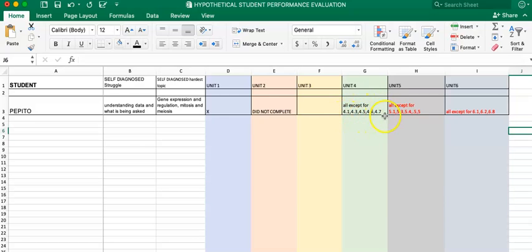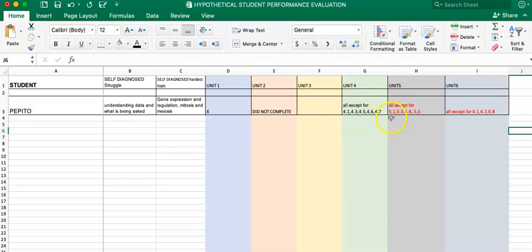These are the subunits you did well in. They're the ones that you got a good grade in. All of the other units you got a bad grade in.